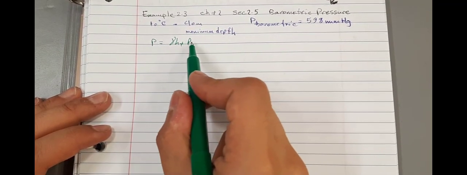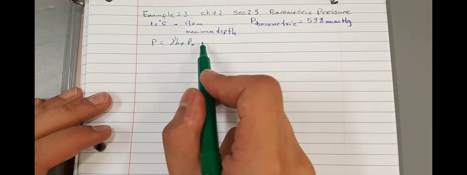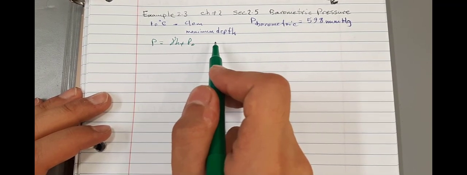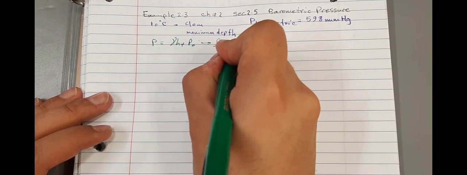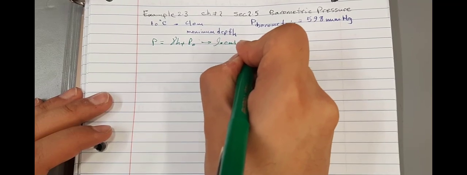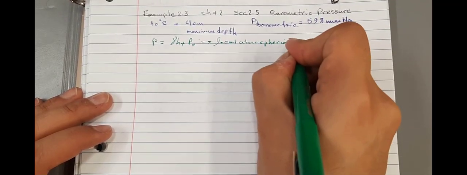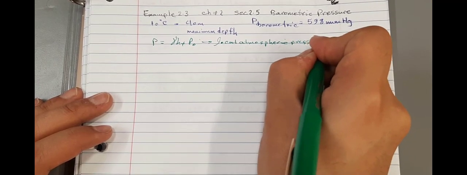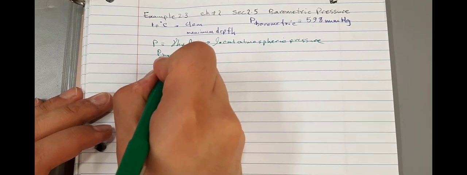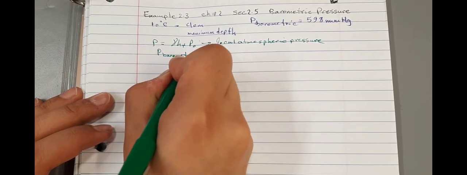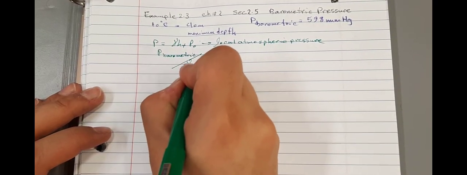As we know, P0 is the absolute pressure, which means P0 is the local atmospheric pressure, which means P barometric divided by gamma Hg.